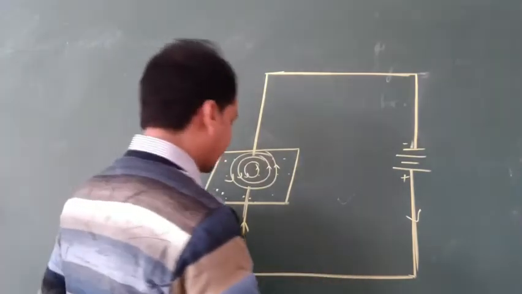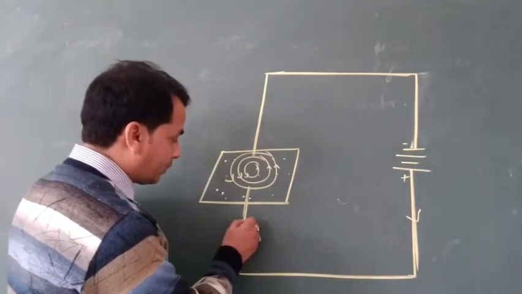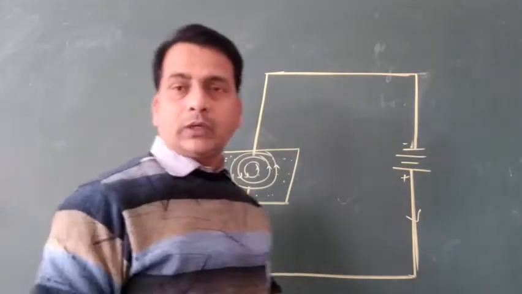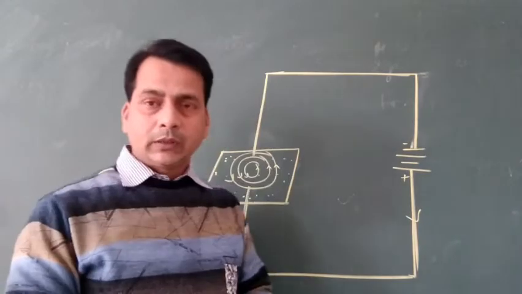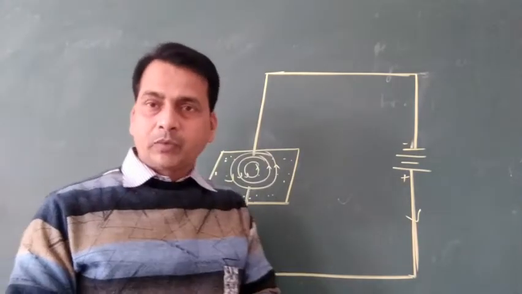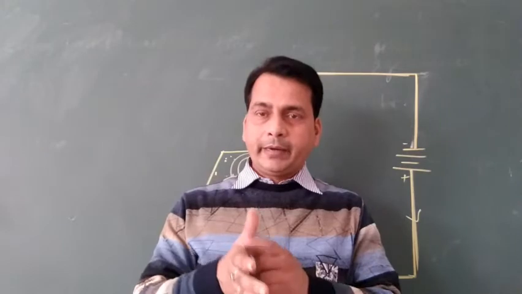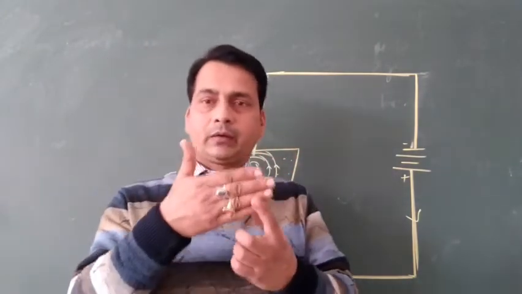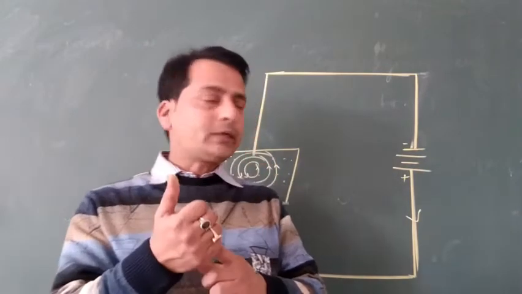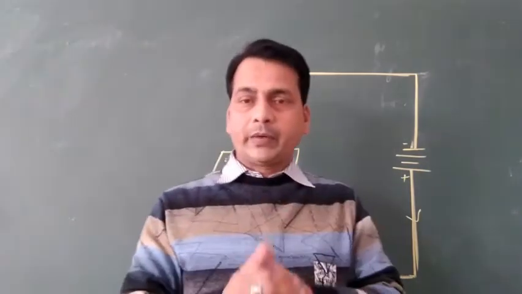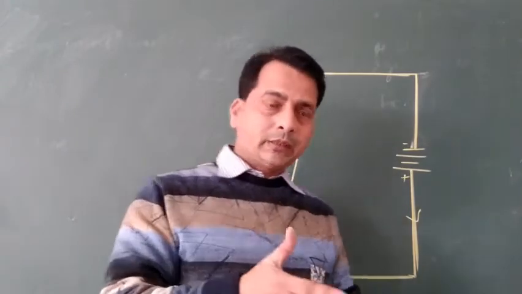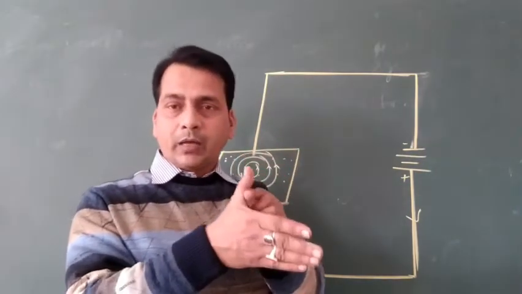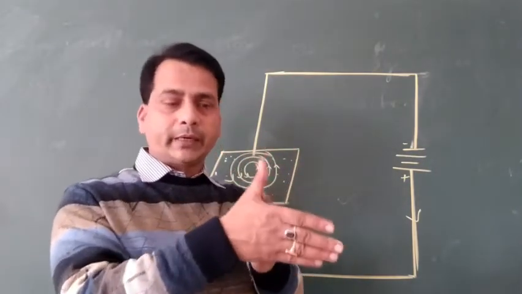If the direction of the current is upward, then according to the Maxwell right hand thumb rule, the thumb indicates the direction of the current and the curved fingers represent the direction of the magnetic field lines. Suppose the direction of the current is upward and the thumb indicates the direction of the current.